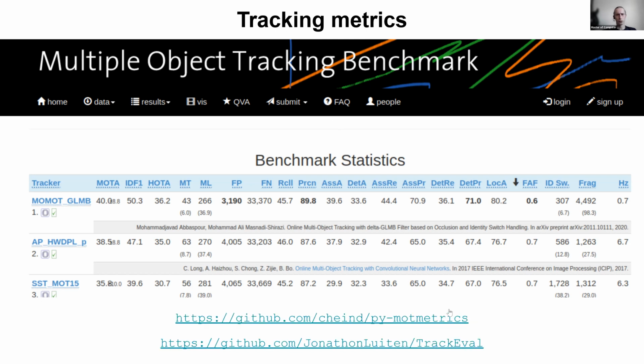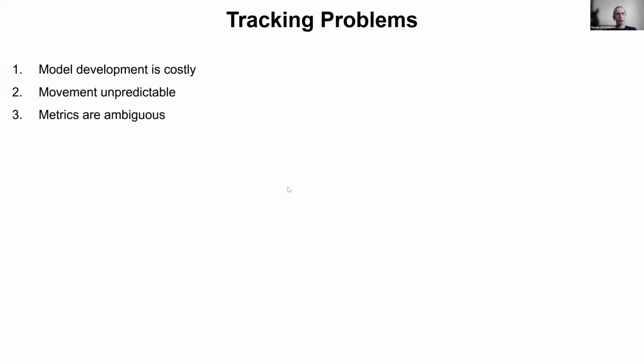Another good toolkit is PyMotMetrics, by the way. You can use it. Looking back to our tracking problems, specifically to fair metrics for evaluation and comparison, in my opinion, exactly HOTA made us closer in solving this problem.